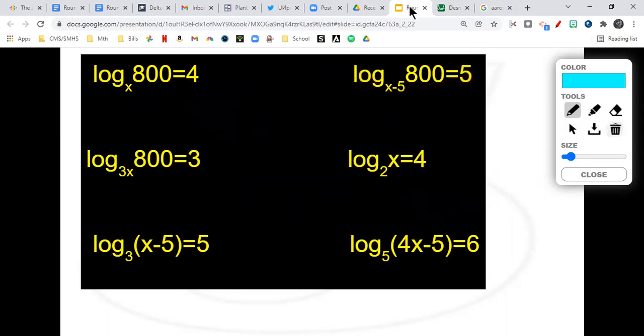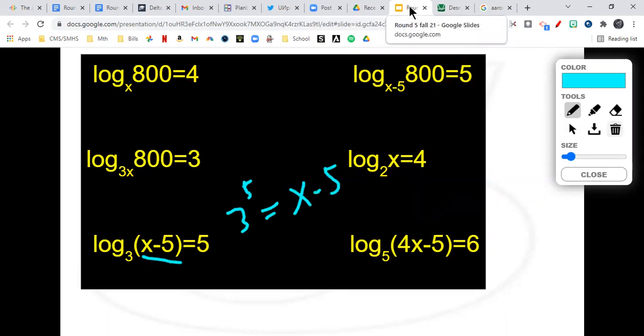Okay. So now x is the argument. This is to me the easiest one, which I saved for last. Okay. So when we put it in exponential form, it becomes 3 to the 5th power equals x minus 5. So now I don't have to take a root or put it in log or whatever.